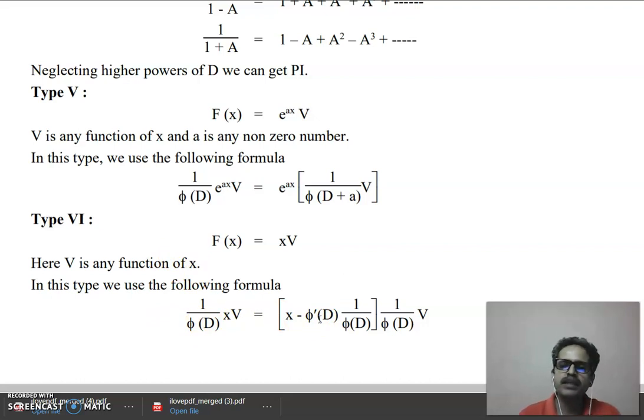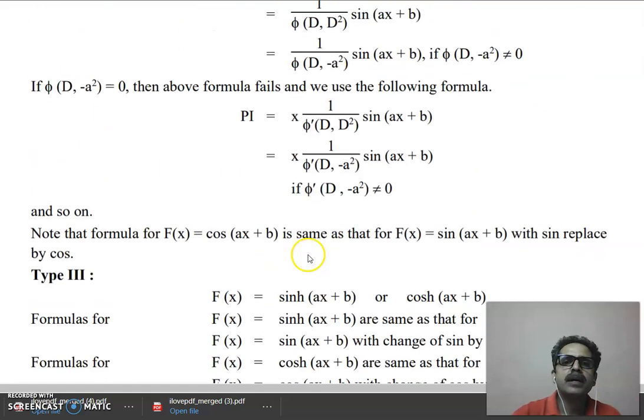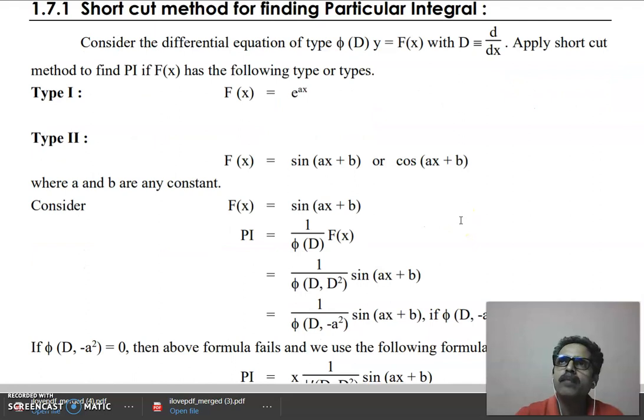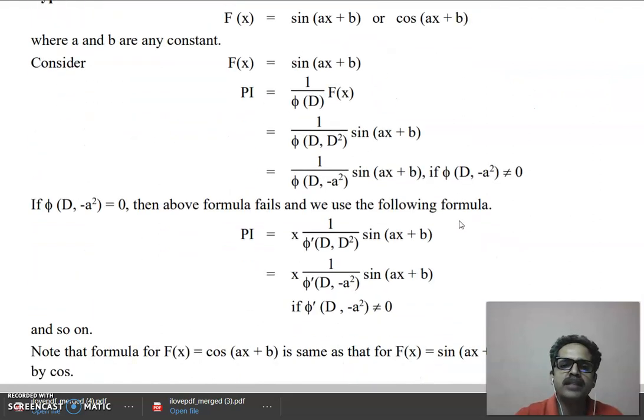The first type is e raised to ax. I will revise again. First type is e raised to ax, where you have to replace d by a. Second type is sin(ax+b) or cos(ax+b), and here you have to replace d square by minus a square and keep d as it is.